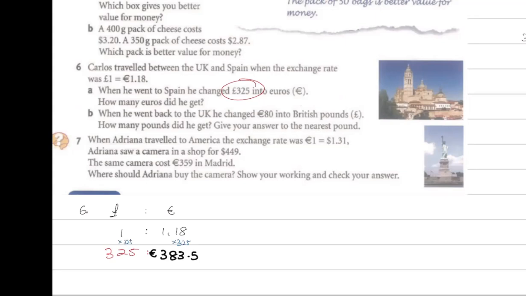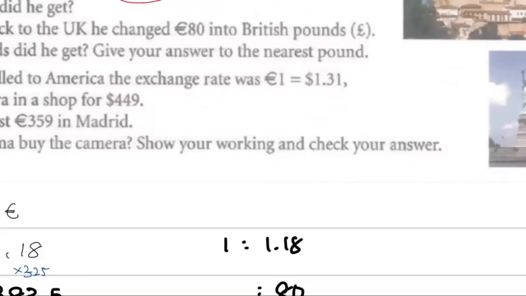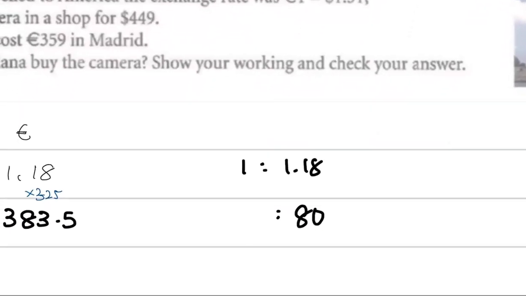Okay. When he went back to UK, he actually changed 80 euros back to pounds. So we can see here, how do I do it? Well, I'm not really sure what to divide, but I just know that I can just change this to 1 and multiply by 80. We'll do the same thing here. Whatever that you do on one side, you must do it on the other side. So just take 1 divided by 1.18, then multiplied by 80.